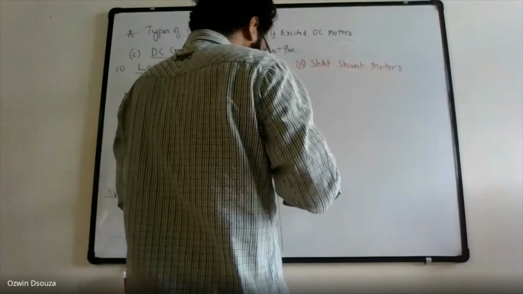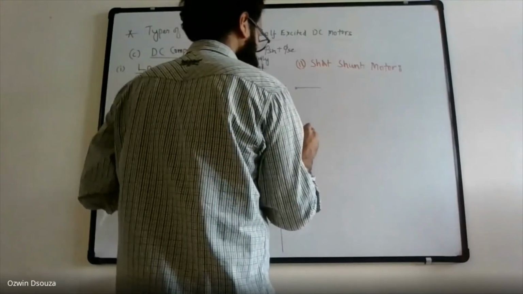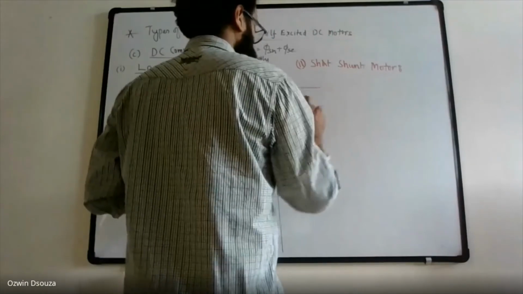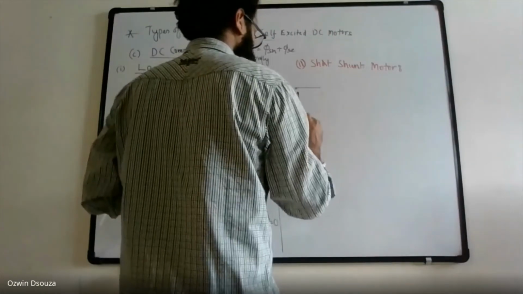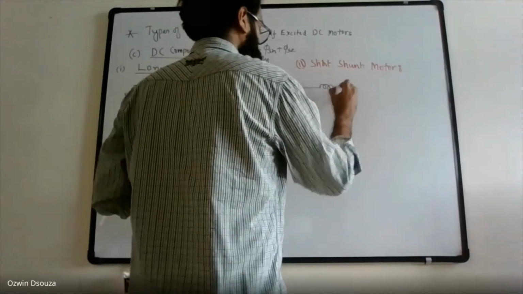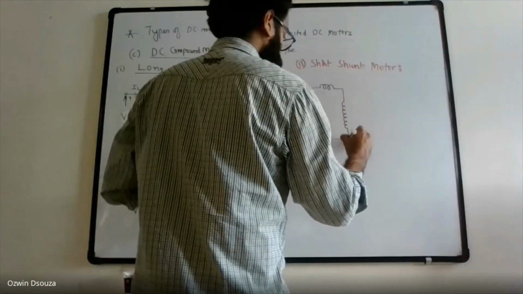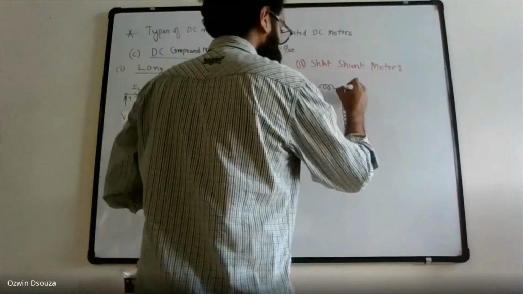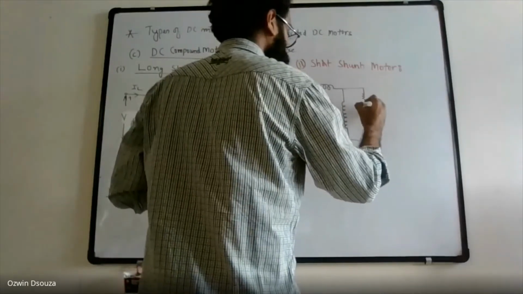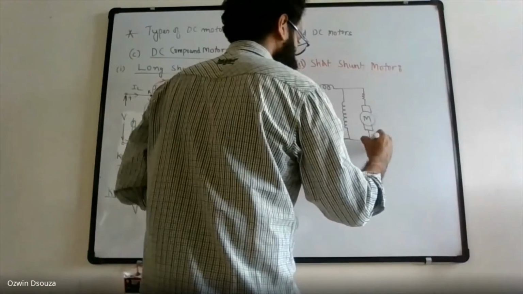In case of short shunt, this is your supply. The shunt field winding is directly connected across the armature, followed by the series field winding.